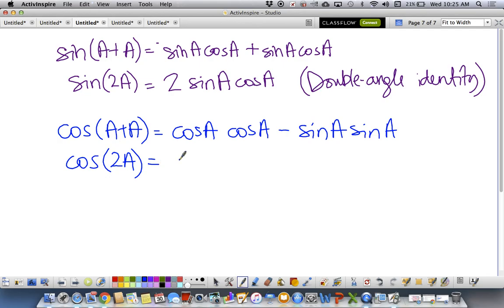Cosine A squared minus sine A squared. Cosine squared minus sine squared. So we have a formula. The Pythagorean identity is sine plus cosine is 1, but cosine minus sine is really cosine 2a. Does that have a name? It is also a double angle identity.